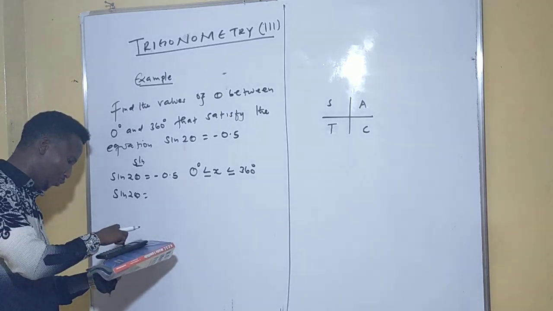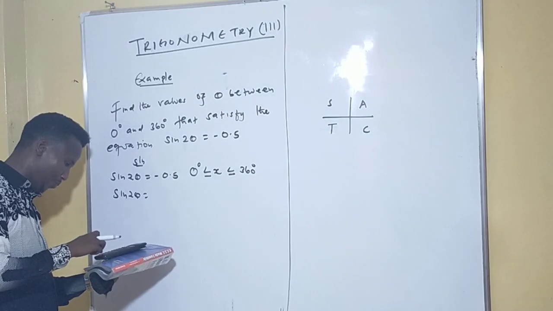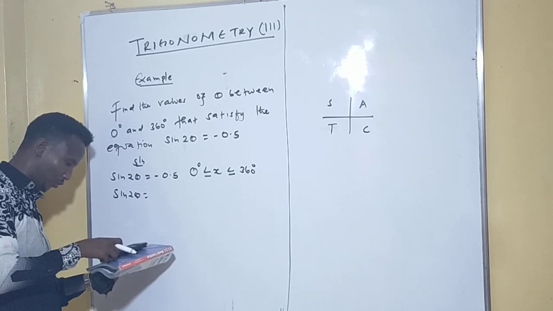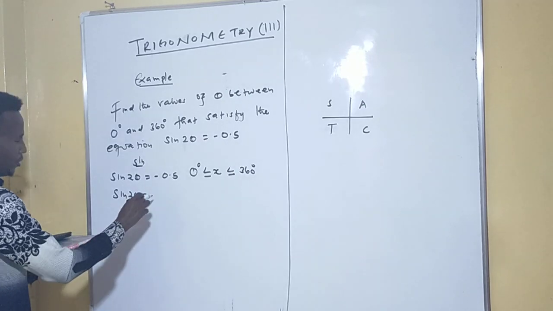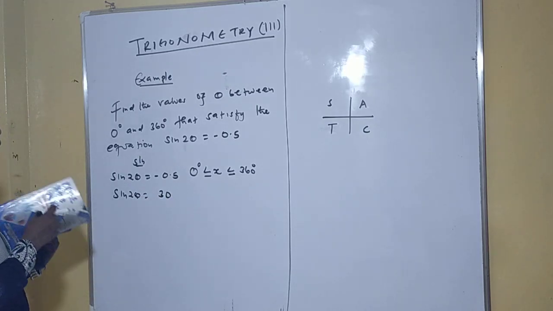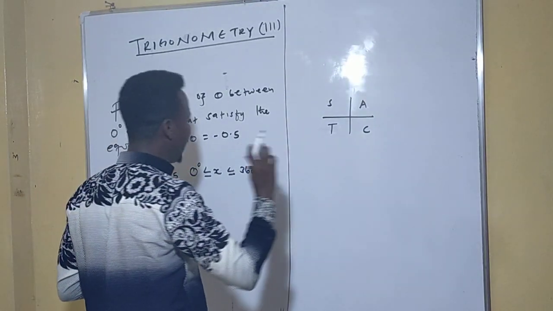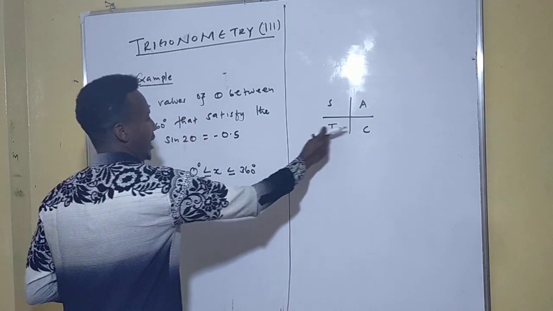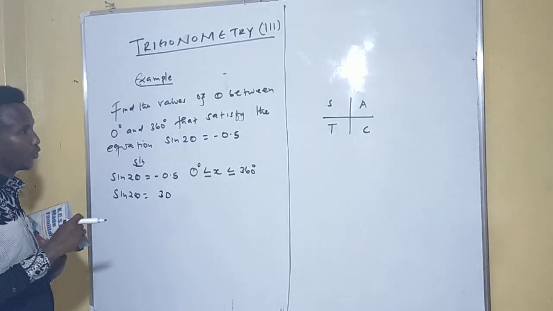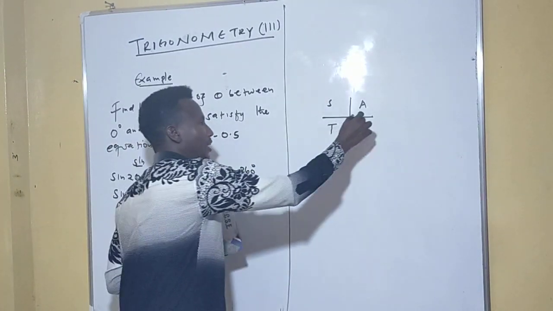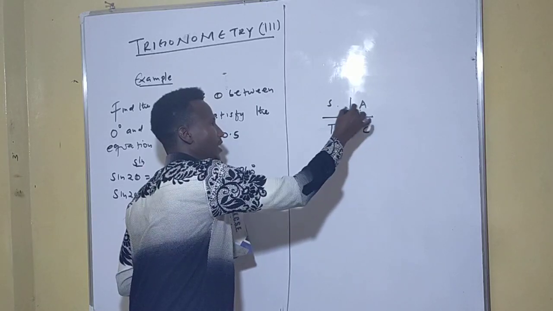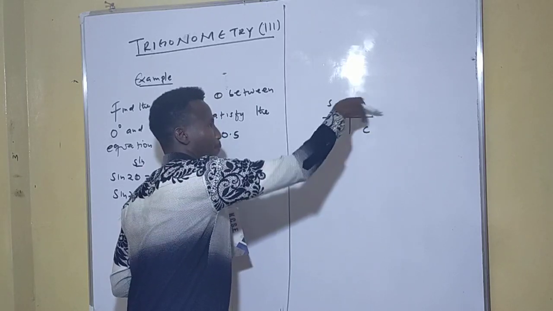So you're going to say shift sine 0.5, that will give me 30. So this will be 30. But remember, sine will only be negative in the third and fourth quadrants. In the first and second quadrants, sine is positive.